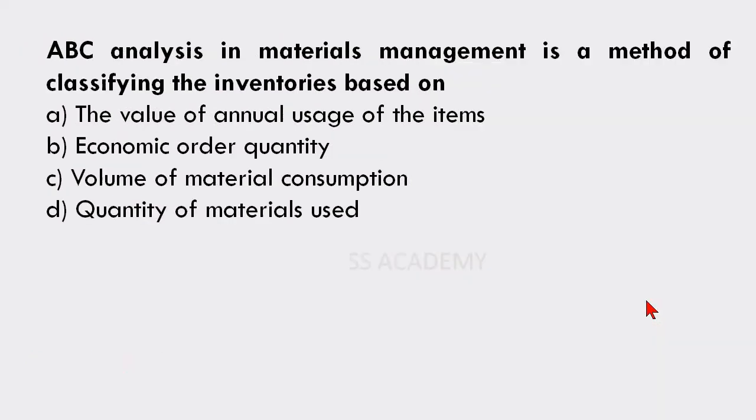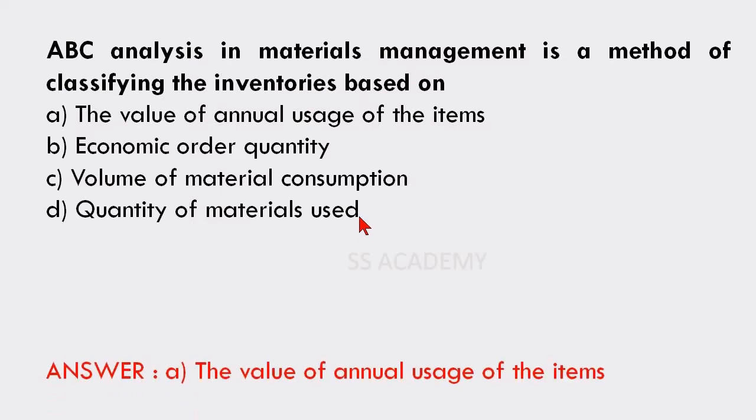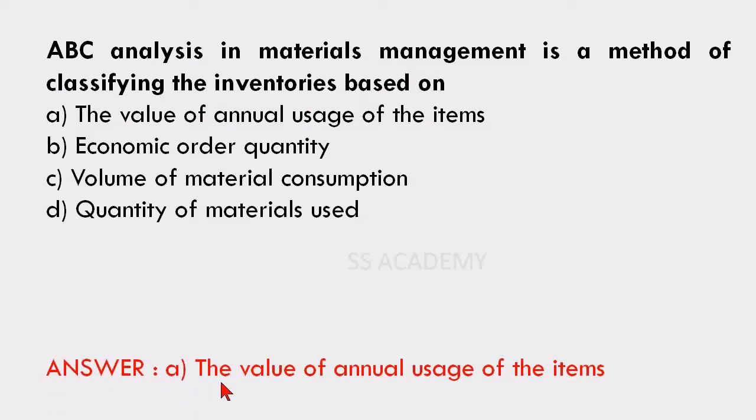Next question is, ABC analysis in material management is a method of classifying the inventories based on the value of annual usage of the item, economic added quantity, volume of material consumption, quantity of material used. The answer is option A, the value of annual usage of the item.